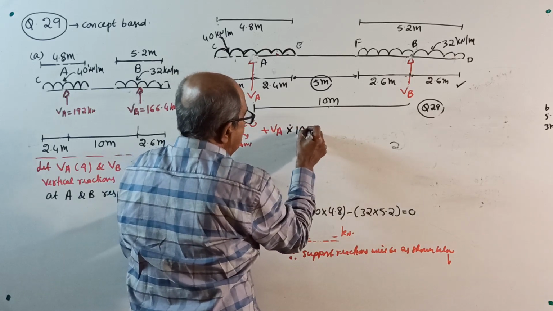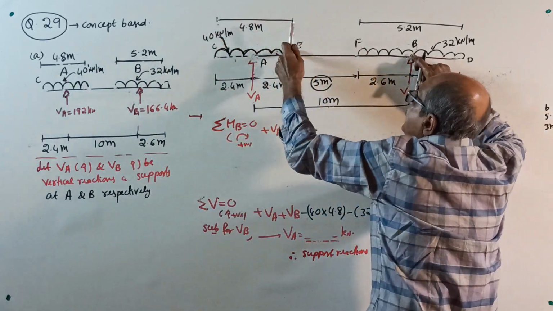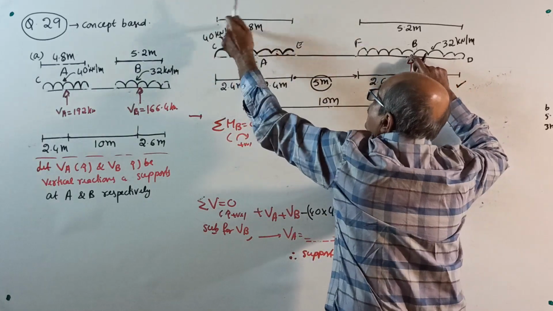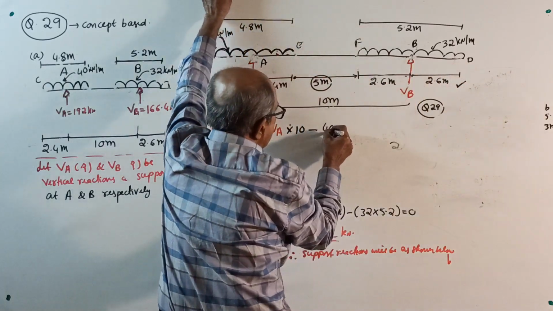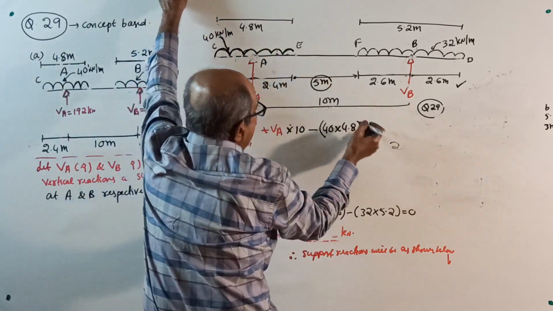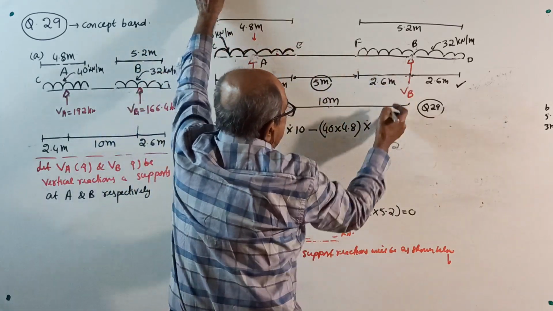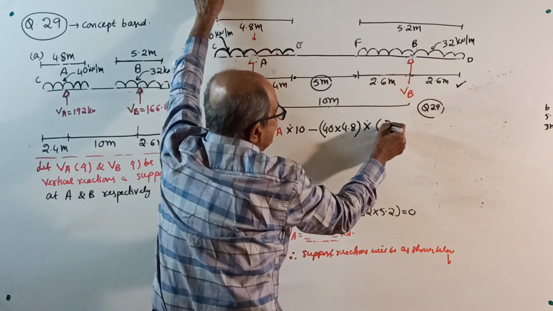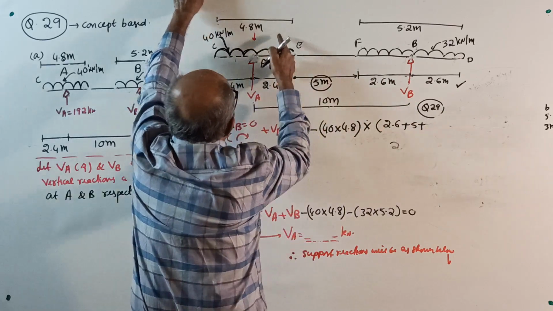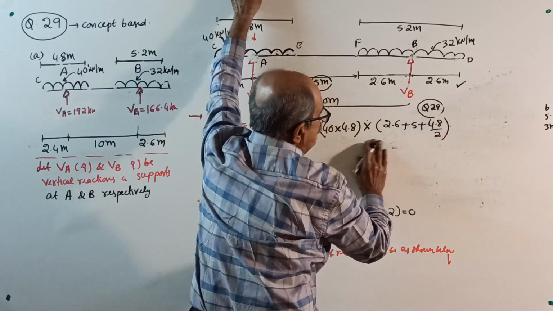VA into 10 minus moment. This time that UDL is completely on one side, so single stretch, minus 40 into 4.8. 40 into 4.8 is the total load from C to E, into, it passes through the center here, 2.6 plus 5 plus half of 4.8, 4.8 by 2.